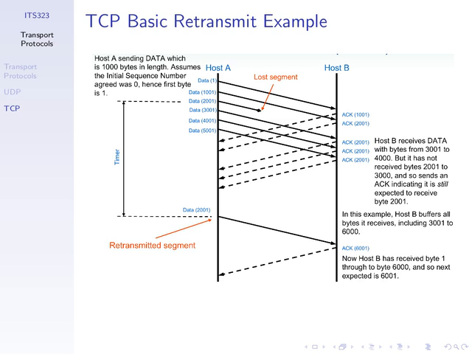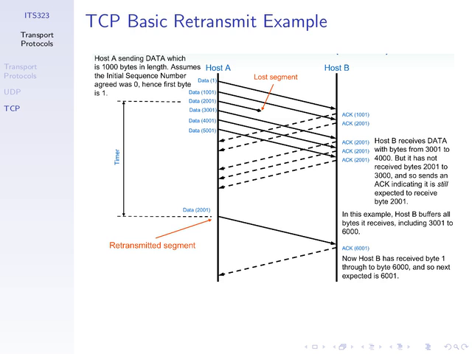It retransmits the segment. In this case, it's not lost, it gets delivered to the destination. So when B receives this segment successfully, it contains bytes 2001 up to 3000. And now from B's perspective, it's received bytes 1 up to 6000.